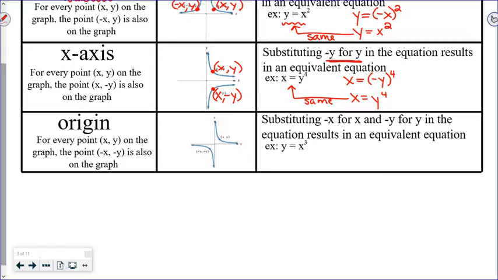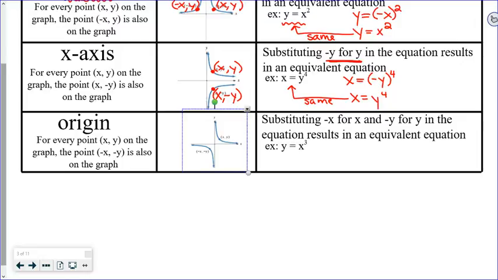The last type of symmetry is what's called symmetry about your origin. Now, the origin is not a line that I can fold over, okay? So what you want to think about is spinning. It's a point, isn't it? And so if I were to spin my graph around the origin half a circle, 180 degrees, it would match exactly up with itself.